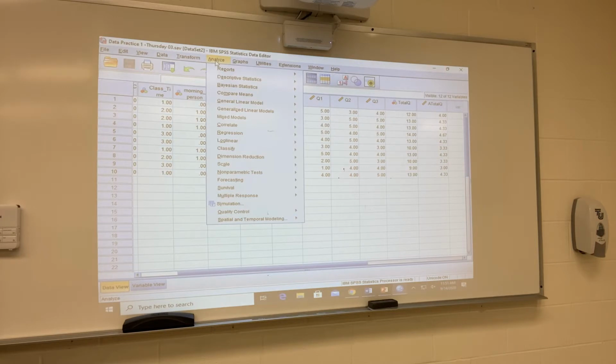Now find something called Correlate. Can you see Correlate? Yes. Click that, and click Bivariate.